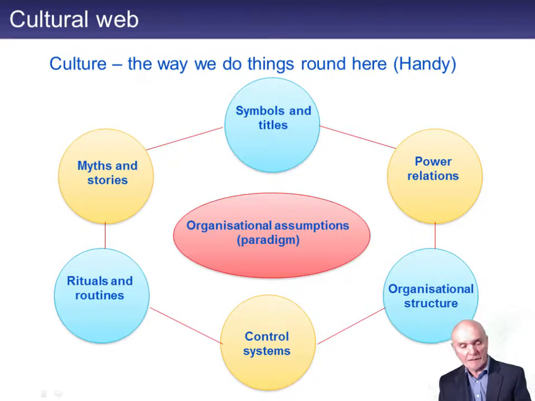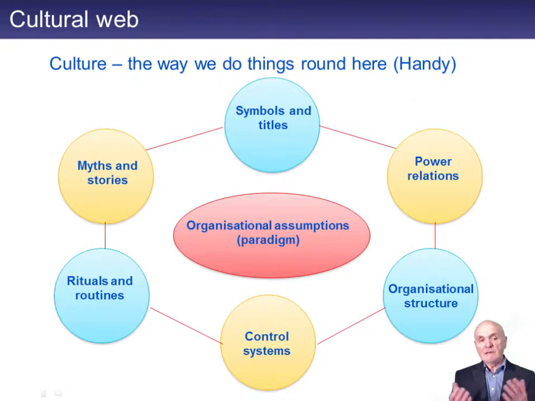And the cultural web suggests influences or mechanisms by which the culture is really defined. And first of all, we have symbols and titles. So in some organizations, the top directors, the top managers, are always in separate offices.